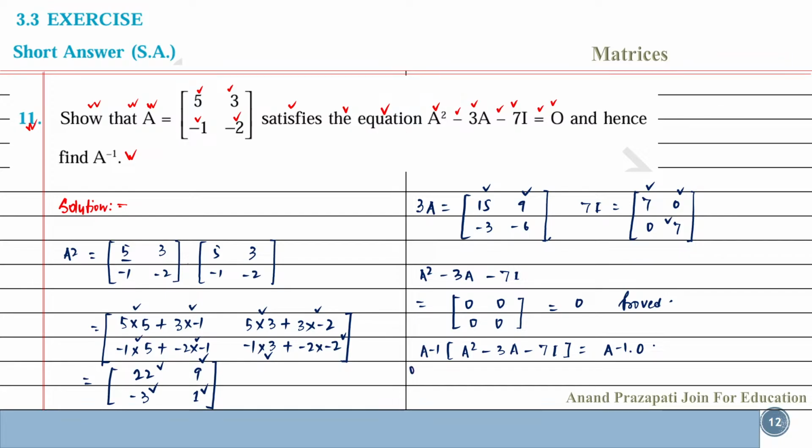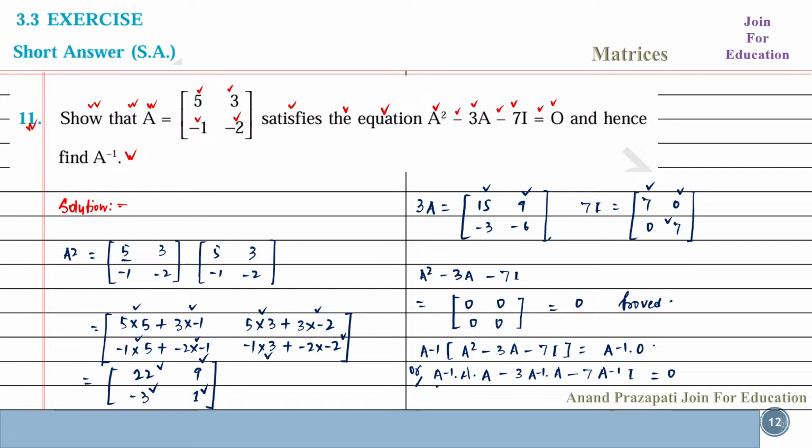So the next step will be A inverse into A square minus 3 A inverse into A minus 7 A inverse into I equal to 0.